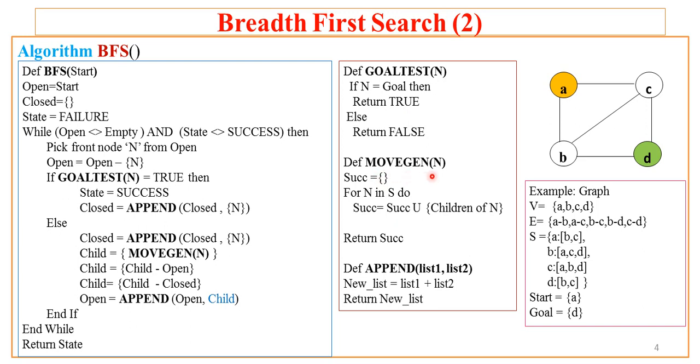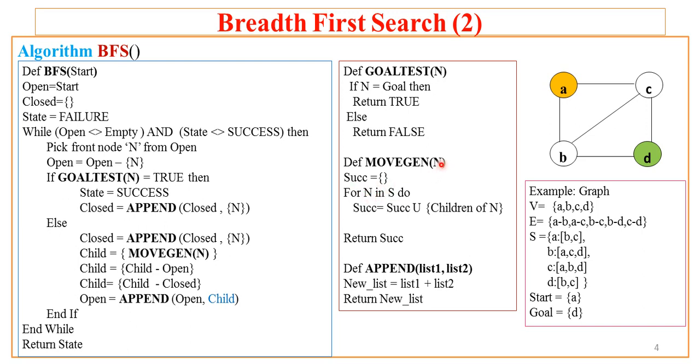What about moveGen? The moveGen function takes any given node. For example, it takes A as the starting node and will try to generate the child nodes of A. So it has a list called successor, that is the list of successors, and we maintain that list using the succ list variable.